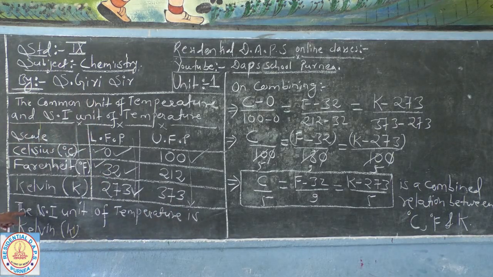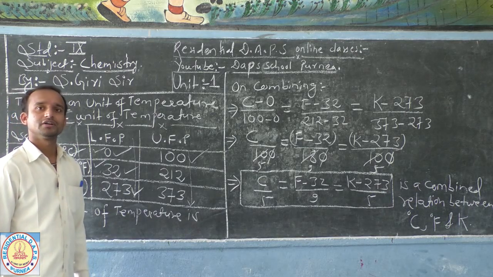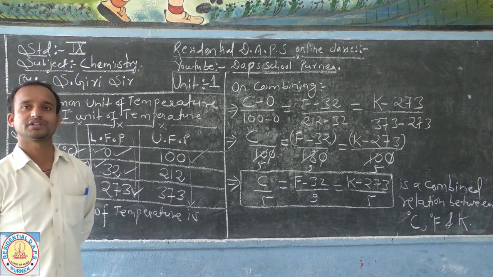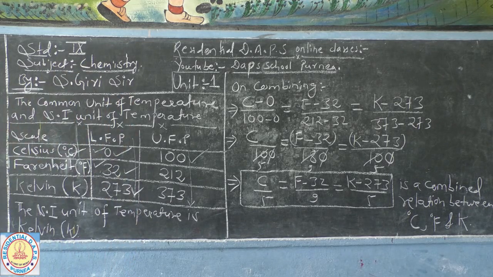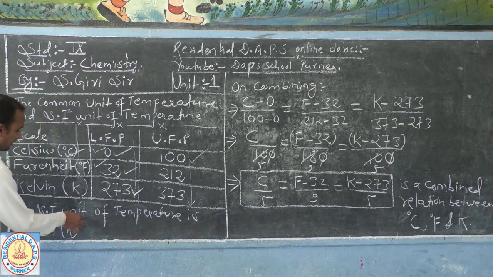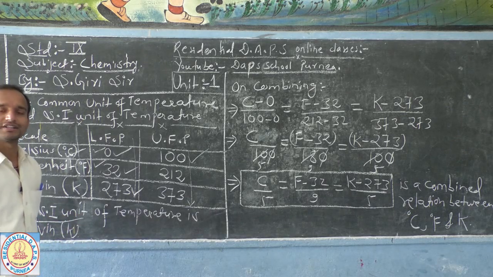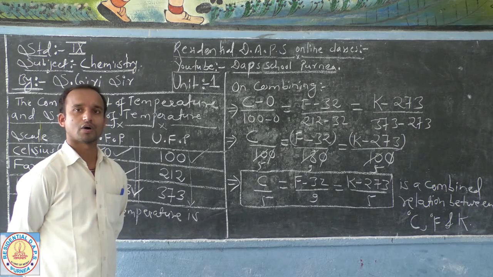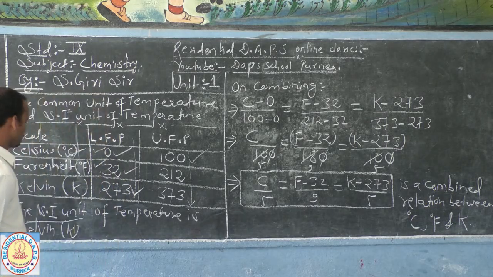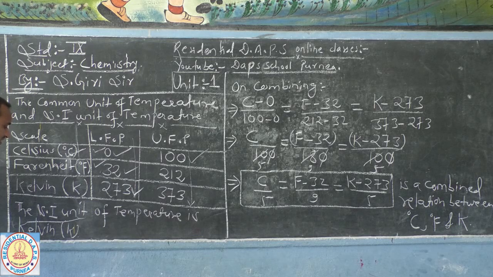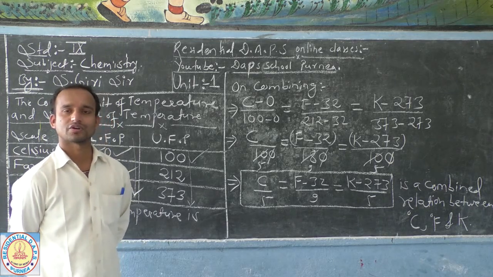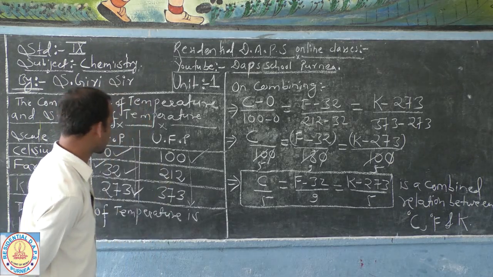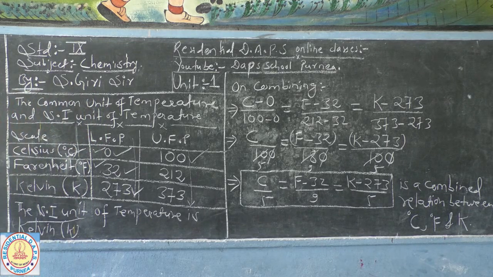And here I have written that the SI unit of temperature is Kelvin. Dear students, I told you earlier, while mentioning a physical quantity in science, you have to mention its SI unit, meaning the International System of Units, which is internationally very valid and highly standard worldwide. So the SI unit of temperature is Kelvin, K. If the question asks you to write the SI unit of temperature, you should not write degree Celsius or degree Fahrenheit.